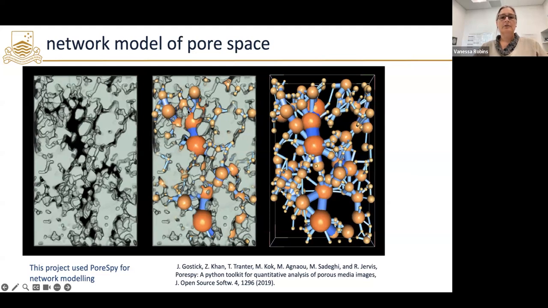But these network models are still popular because they allow you to simulate fluid flow through a much larger sample. The basic idea is that your pores are going to be modeled by spherical nodes, and the little constrictions between two of these larger openings are going to be modeled by a little cylinder.